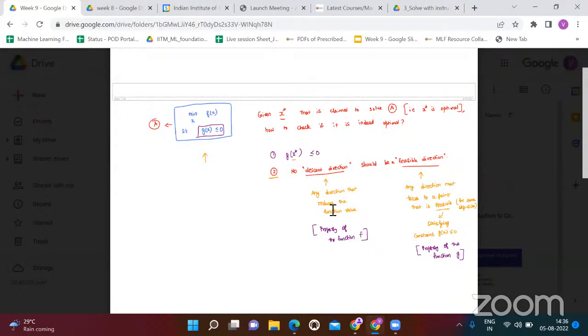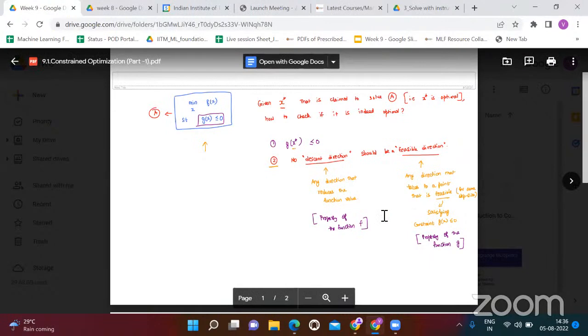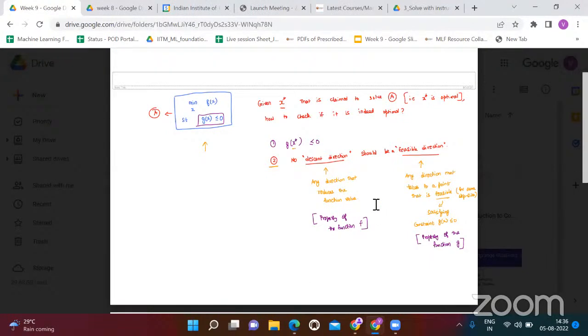Whether this x star is the value at which the function is minimum or not. For those cases, firstly you will check whether it satisfies your constraint function or not. If it satisfies the constraint function, then you can check whether there is any feasible direction. Addition direction, I guess you already know.